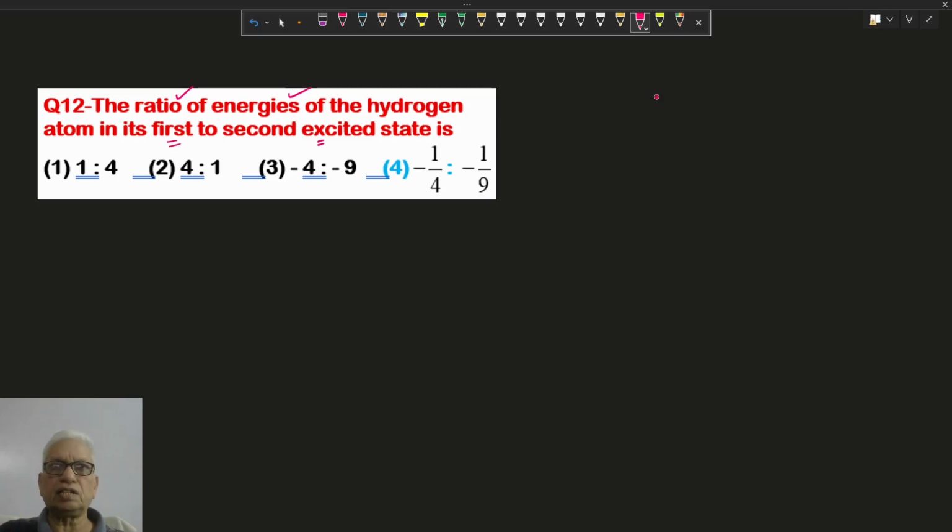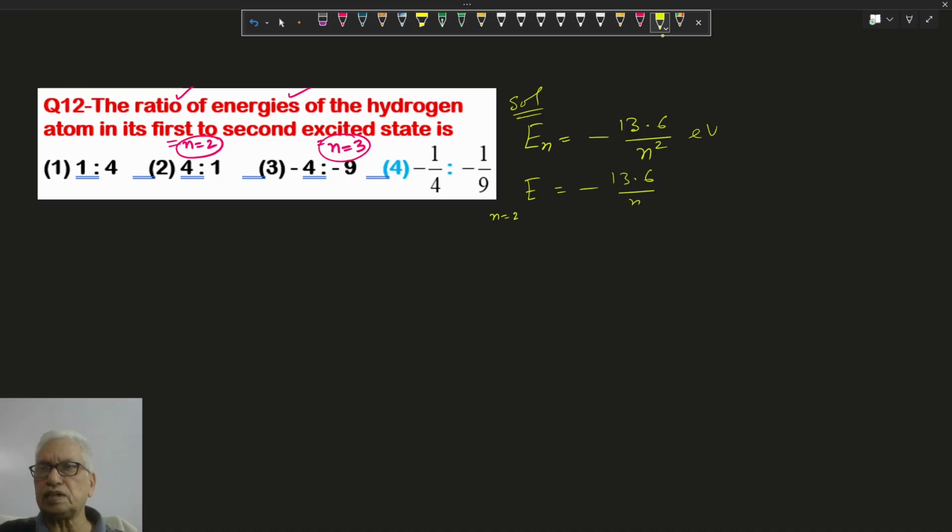In this question, the ratio of the energies of the hydrogen atom in the first and the second excited state. First excited state means n is equal to 2 and second excited state means n is equal to 3. Energy for the hydrogen atom is given as minus 13.6 upon n square electron volt. For n equal to 2, it is minus 13.6 upon 4.